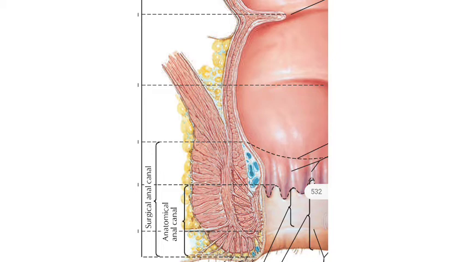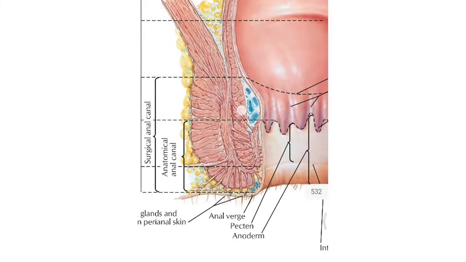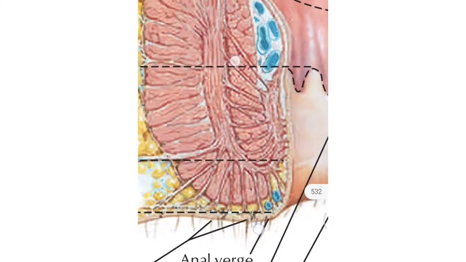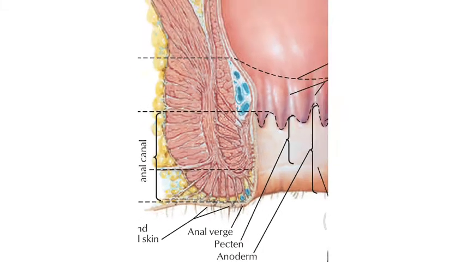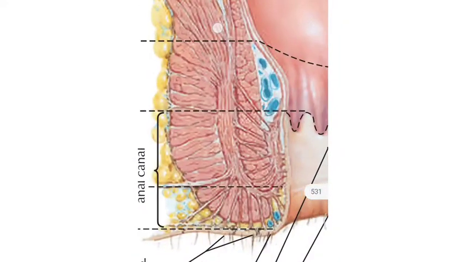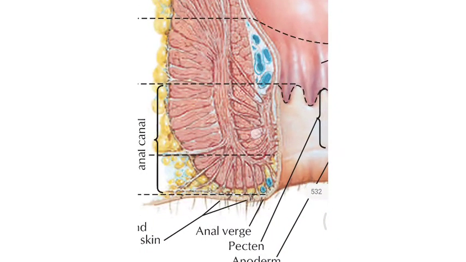So you can see the sheath over here. It is getting split into numerous septa, which is very well visible over this region, right?